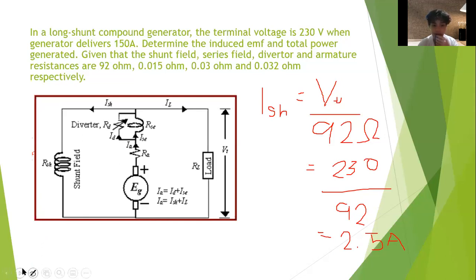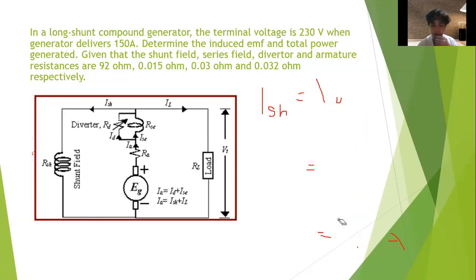Next we have to obtain the armature current. We will use IL, the current that the generator delivers.